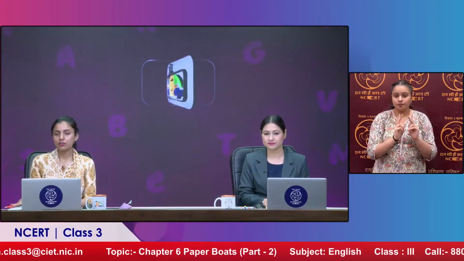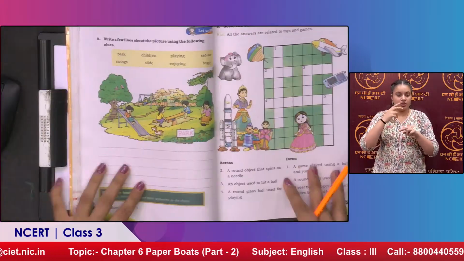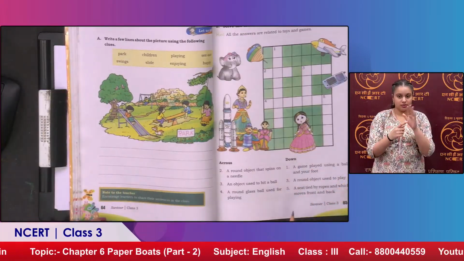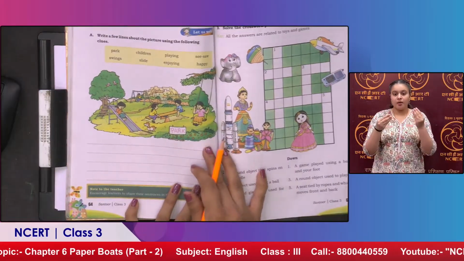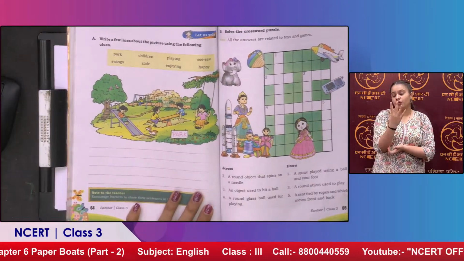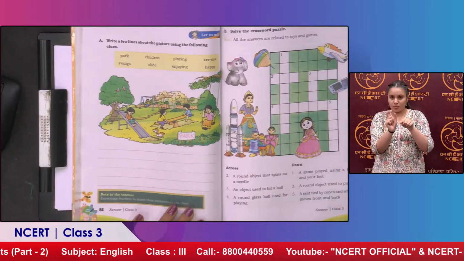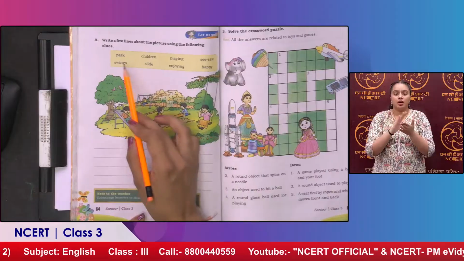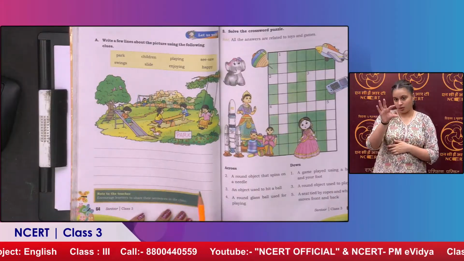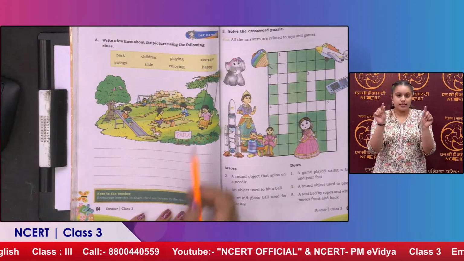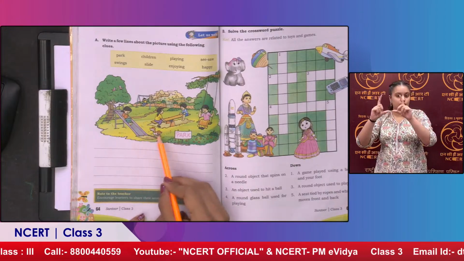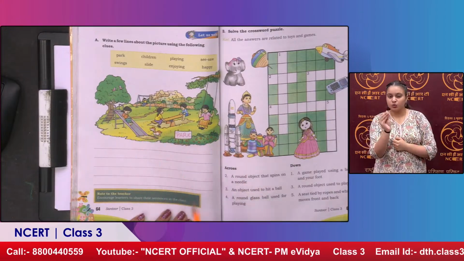For the homework also, if you see in your textbook, on page number 64, as you can see, here are certain words given in the box, and what the students have to do as homework is take any word and form sentences from that. Look at the picture, there are swings, there's a dog, there are kids playing around.